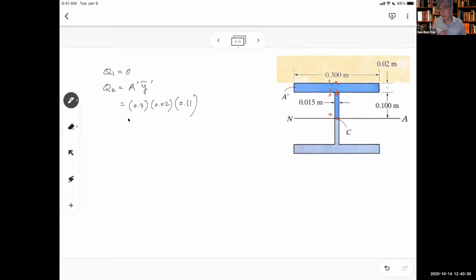Everyone can follow me, right? So then this will be 0.660 times 10 to the minus 3 meter square, not meter fourth power or meter cube, right?